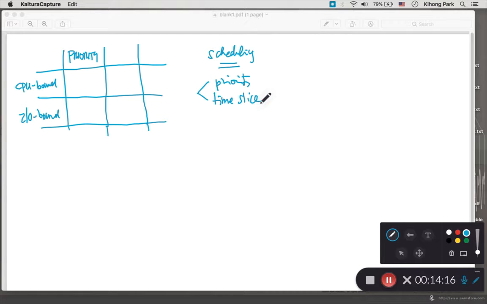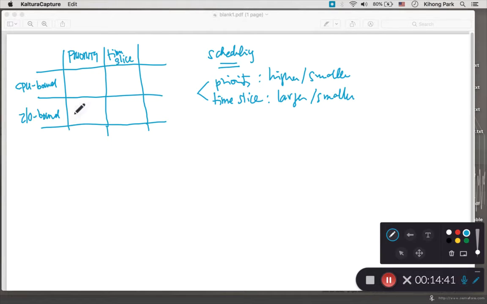We have a way of making the time slice larger or smaller for certain processes. We can make priority higher or smaller depending upon whether a process is deemed CPU bound or IO bound. So here is time slice.